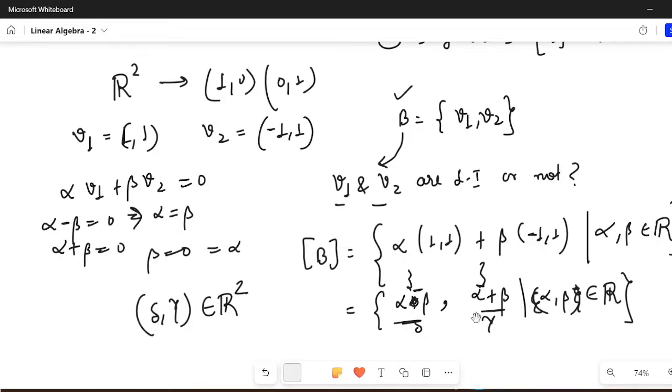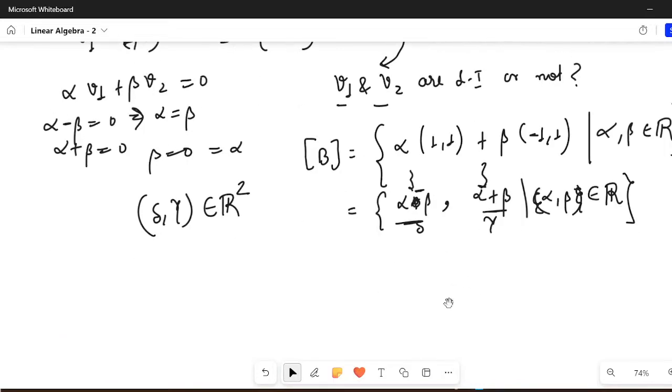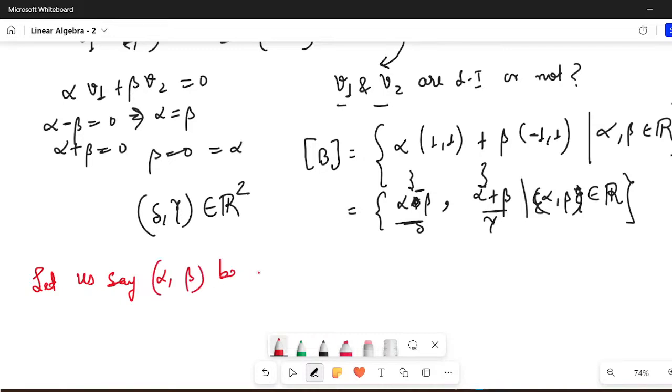Or in another way, you can say it like this. Let alpha comma beta be any arbitrary element in R square. We have proven that v1 and v2 are linearly independent to each other; can I write any arbitrary element in R square in terms of v1 and v2?